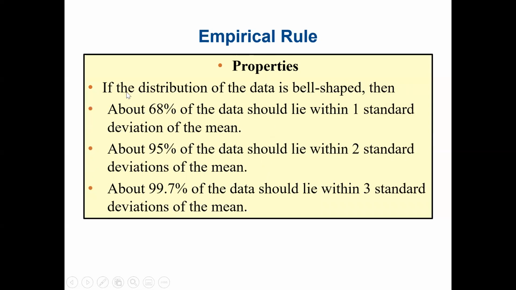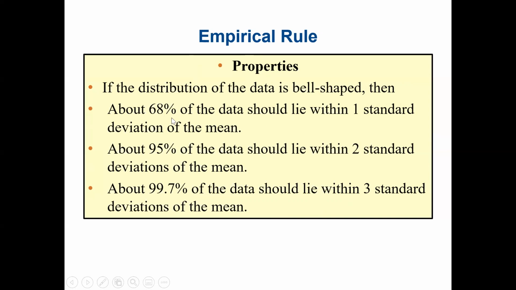So here we say that if the distribution of the data is bell shaped, also called the normal distribution, and we'll talk about this more when we cover probabilities, then about 68% of the data should lie within one standard deviation, 95% of the data should lie within two standard deviations, and 99.7% of the data should lie within three standard deviations. This is the empirical rule.